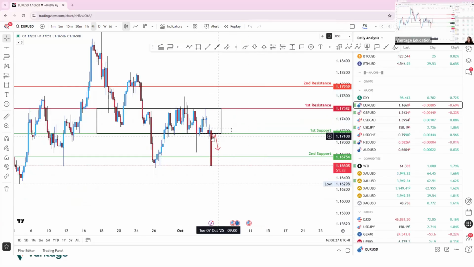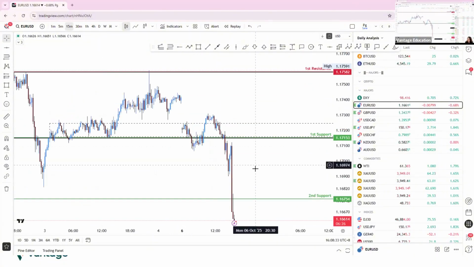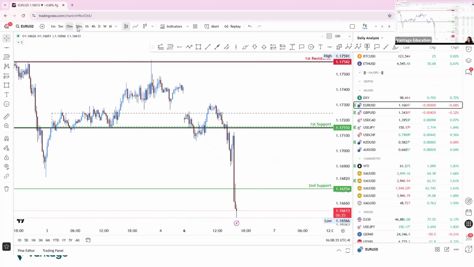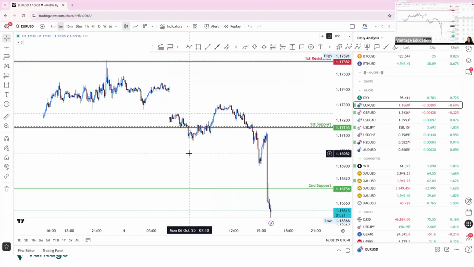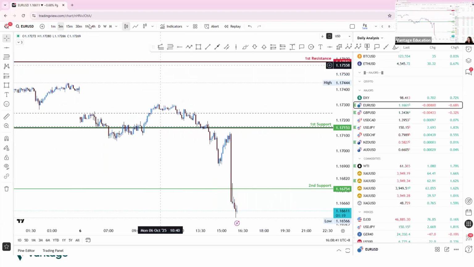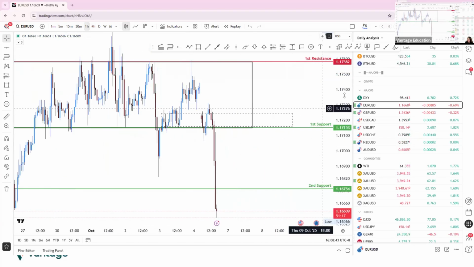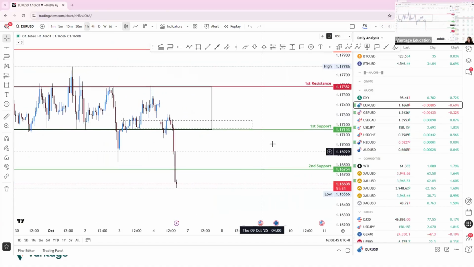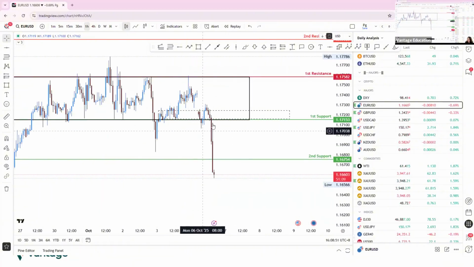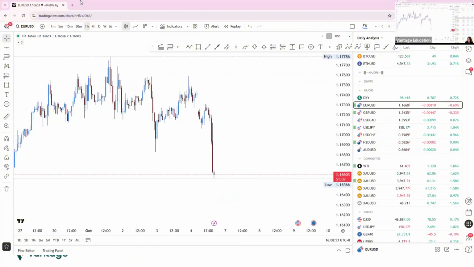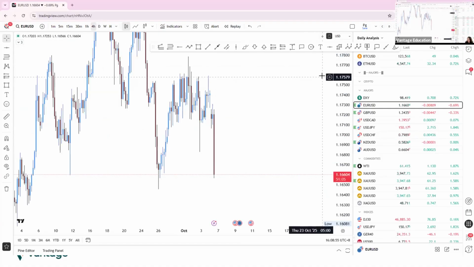You can see that now it has become the pullback resistance and price has broken the zone. At this zone, as support level, you can see the gap down, pullback, and break below the support level, so we'll see the pullback. So we need to update the level again.